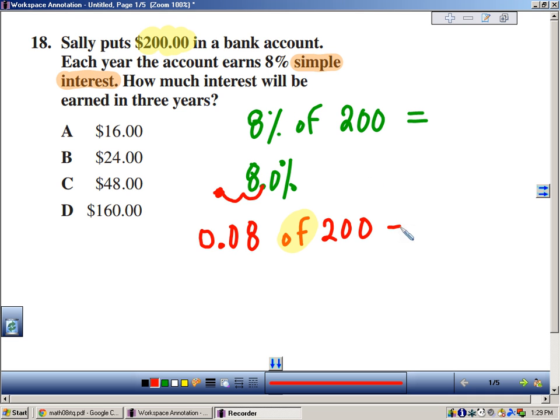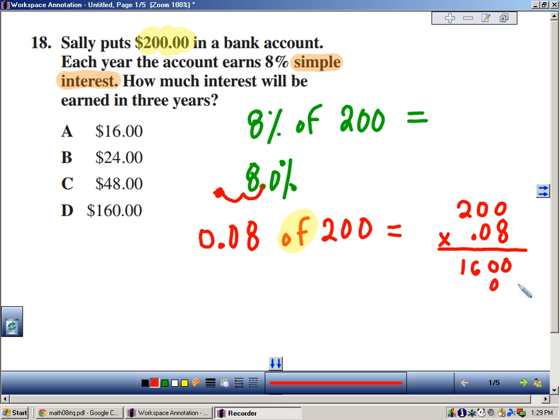Well, I'm just going to work this out the long way. Start with the number that has the most digits, 200. Take my 0.08, line up my digits, add a decimal, and I'll leave it like that. I don't have to add the 0 to the right. So 8 times 0 is 0, 8 times 0 is 0, 8 times 2 is 16, 0 times 0 is 0.